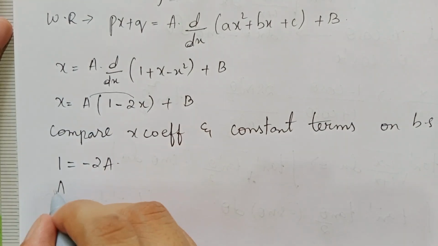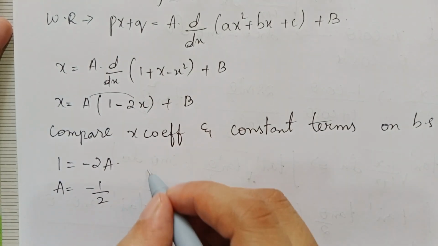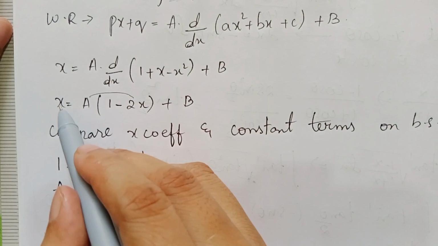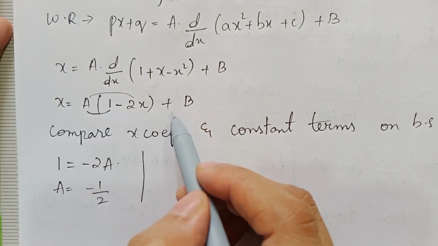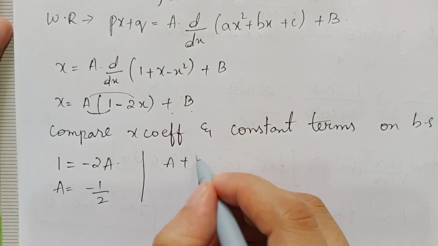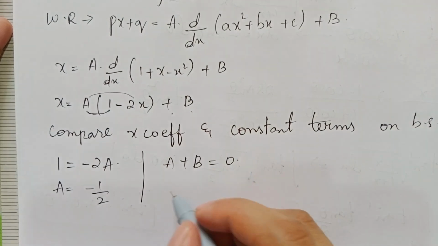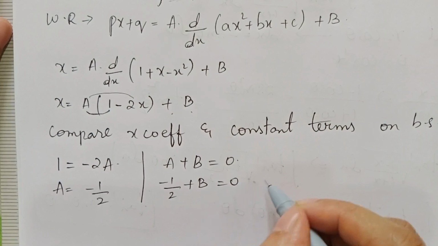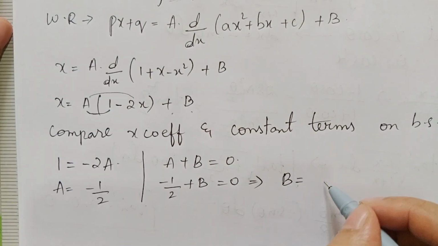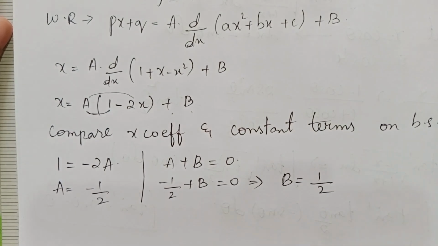So we'll get the value of a is equal to minus 1 by 2. And the constant term, here there is no constant, so it is 0 that side, and here it is a plus b. So we can write a plus b equals 0. So the value of a is minus 1 by 2 plus b equals 0. So from here b is equal to plus 1 by 2.